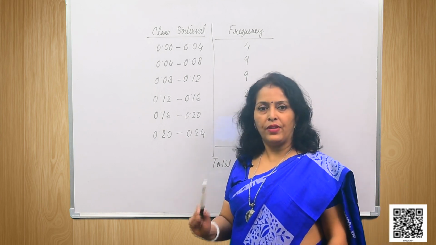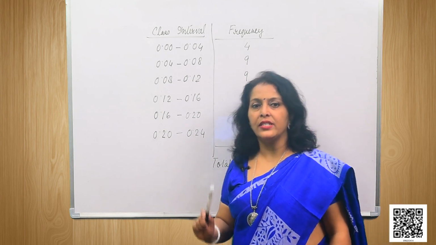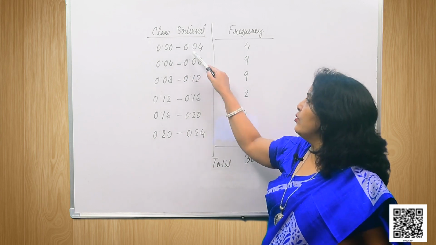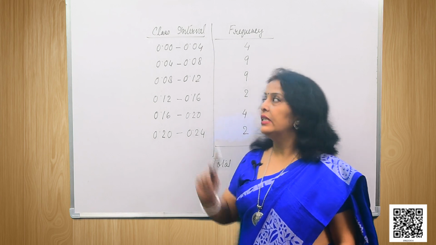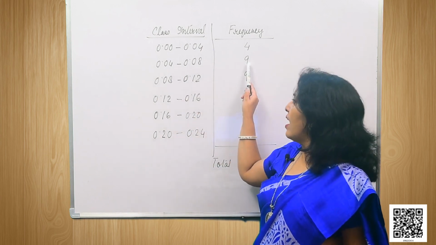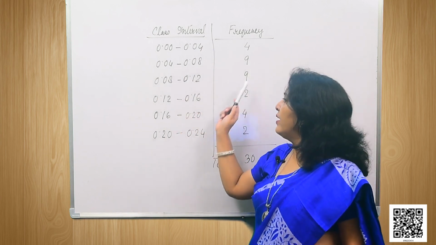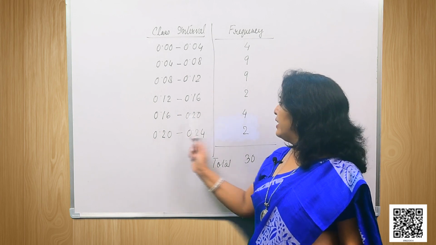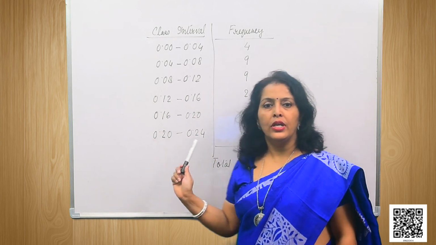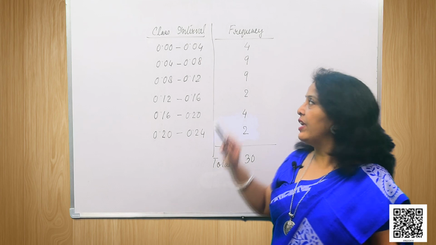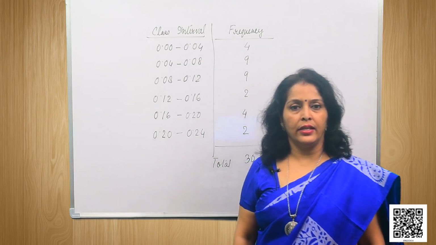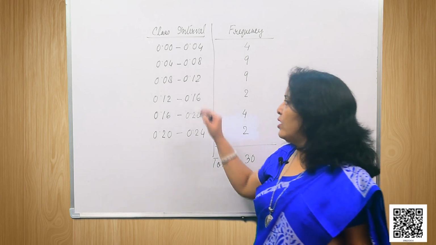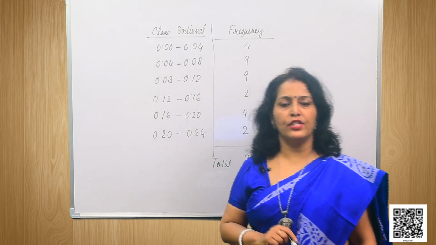The frequencies as we have calculated: in the first class we have a total of 4, and in the second we have 9, third we have 9, fourth we have 2, then 4 and then 2. Again to make sure, we have added them all and we got the total as 30. That means we have included all of them. This was your first bit.